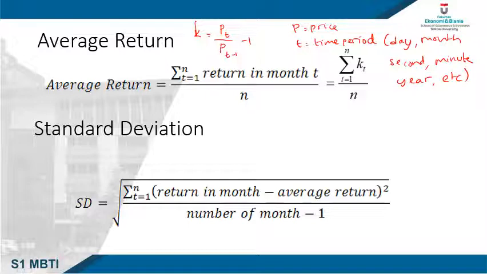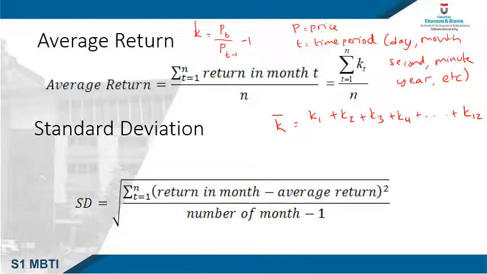It is just the average of K, K bar. The average return comes from the K of the first month plus K of the second month, K of the third month, K from the fourth month, until K from the 12th month, I mean January to December.